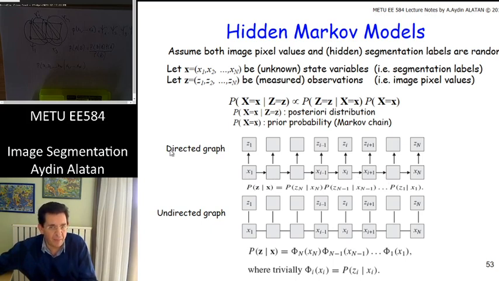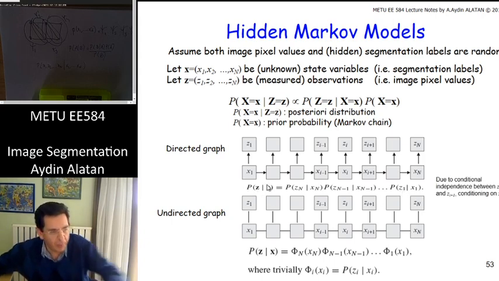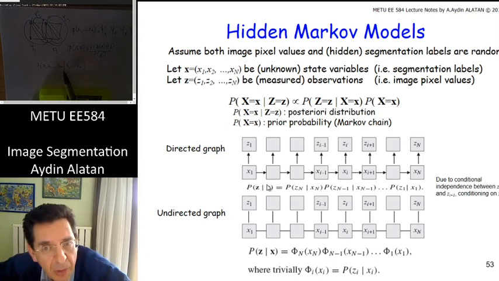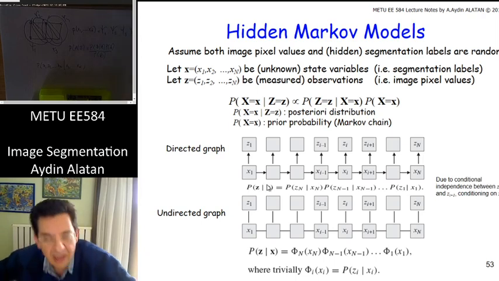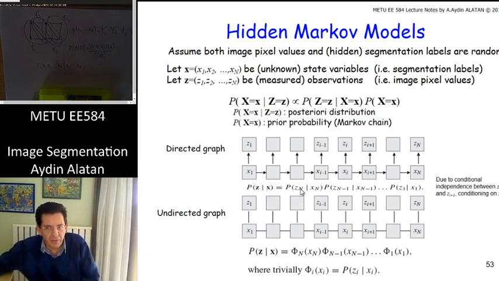This is a directed graph, but in practice, if it is a directed graph, I can write this whole thing in terms of such a relation. How can I write this complicated thing here in terms of such simple first order terms? The whole thing I have explained until now, this conditional independence between Z1 and Z2, knowing X1, these are not related to each other.